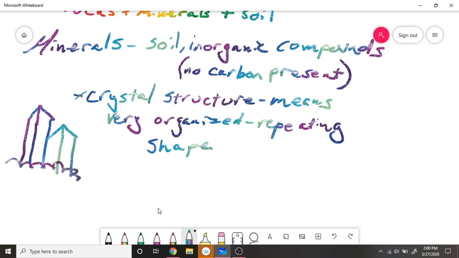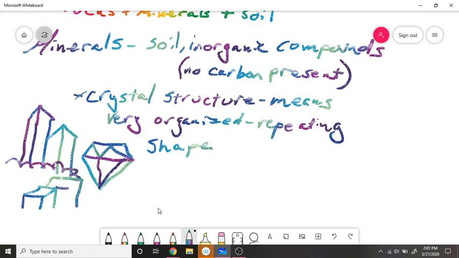Or a faceted gemstone, or even they can be like cubes, of all different sizes.